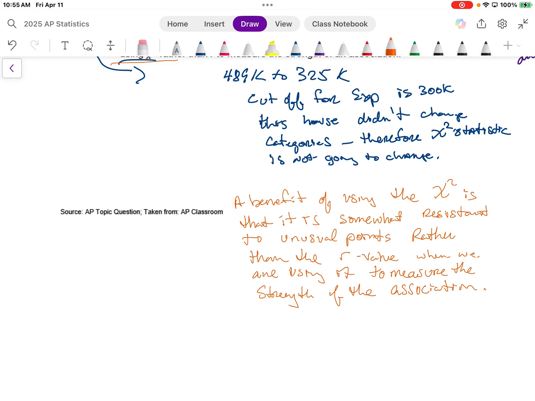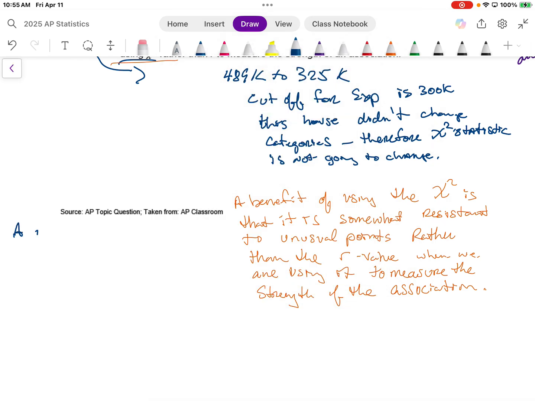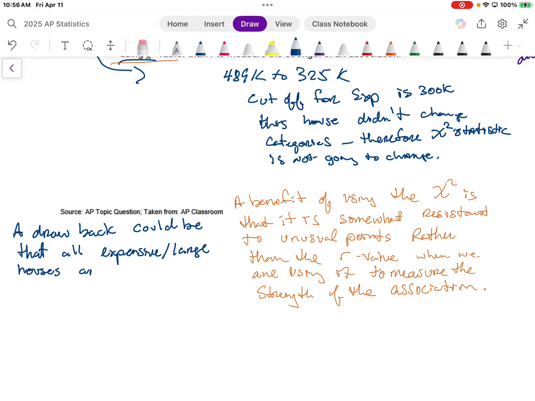A drawback. So a drawback could be that all expensive or large houses are treated the same.